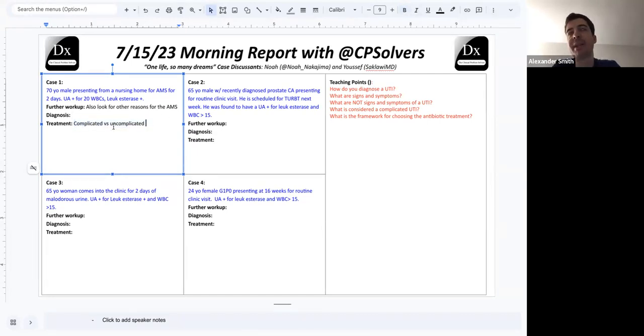So that might dictate that we would choose a shorter antibiotic duration, like 3 to 5 days as opposed to 7 days. But with that said, given that this is a gentleman coming from a nursing home, we'd want to know if the patient had a recent hospitalization, and we'd want to know more about this patient's vital signs. If he did have clinical sepsis, for example, we might jump to choosing a broader agent that would provide pseudomonal coverage.